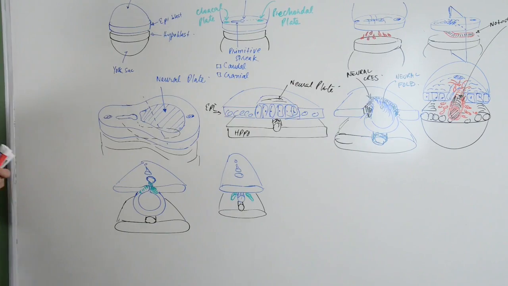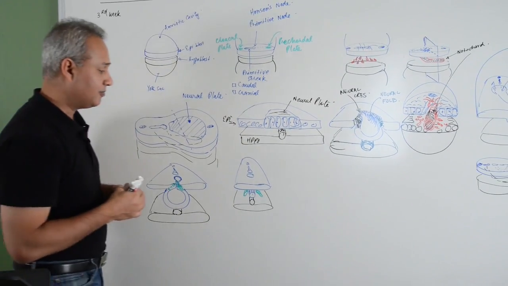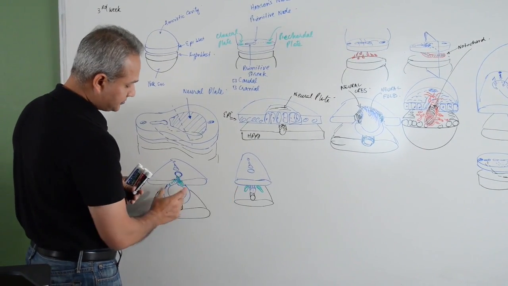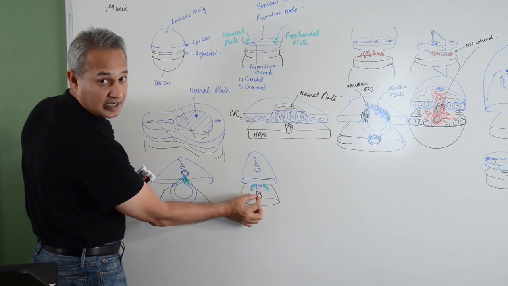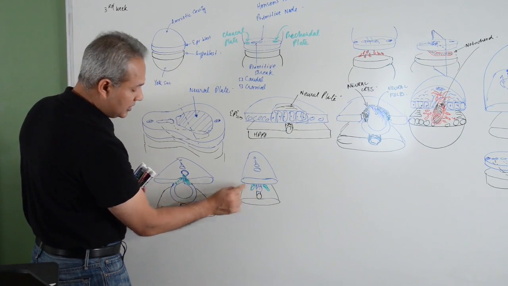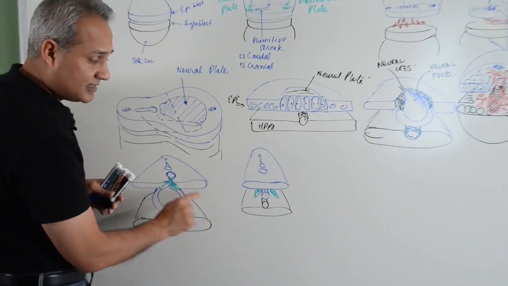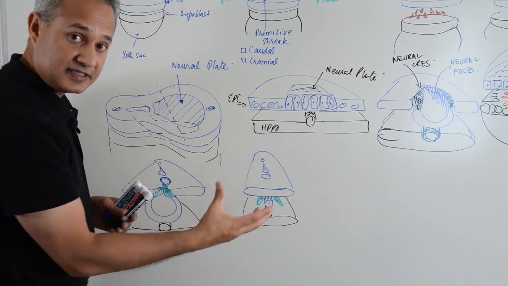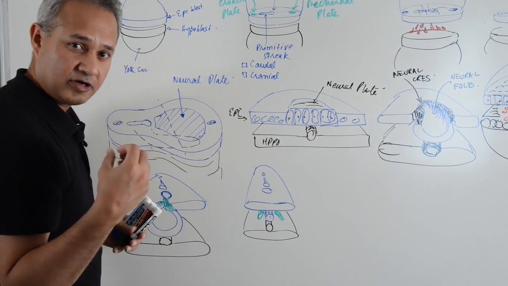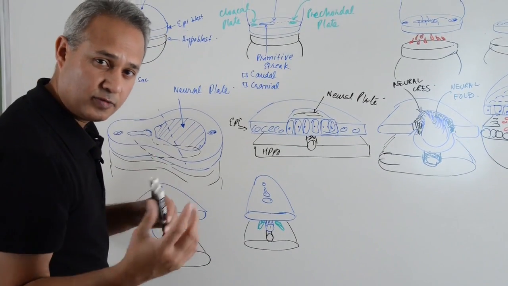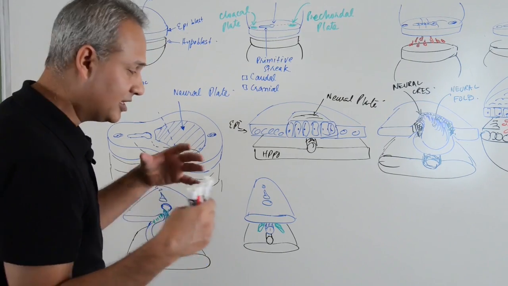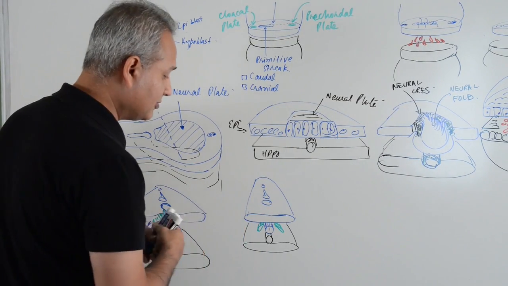Okay, so now what has happened? This is really important. Number one, this neural tube has separated out. Number two, these green neural crest cells have separated out as the neural crest cells. You'll see that they'll make sympathetic ganglia and the enterochromaffin cells and the C cells of the thyroid and others. So we will talk about them in a second.